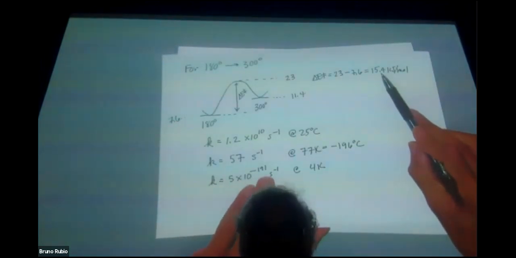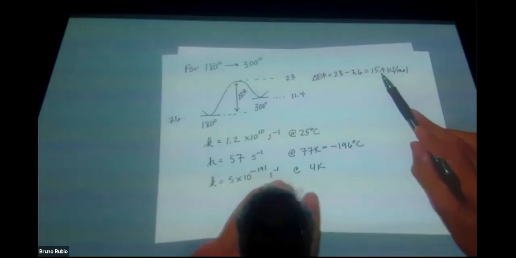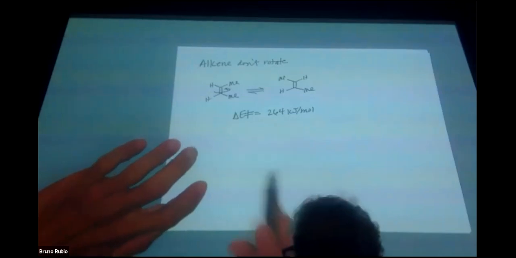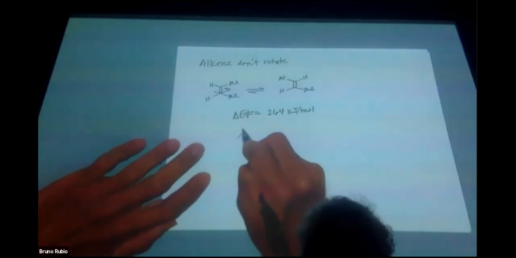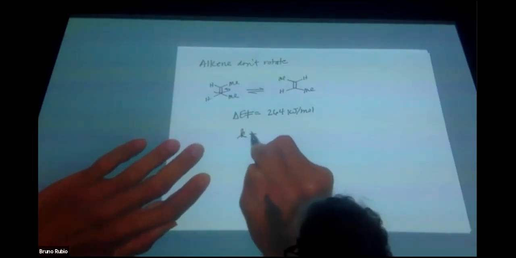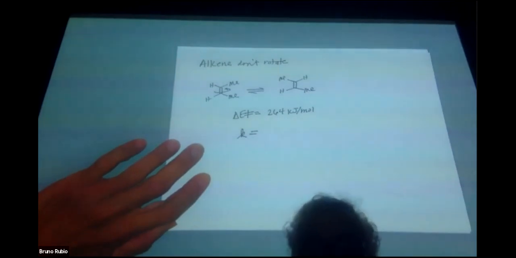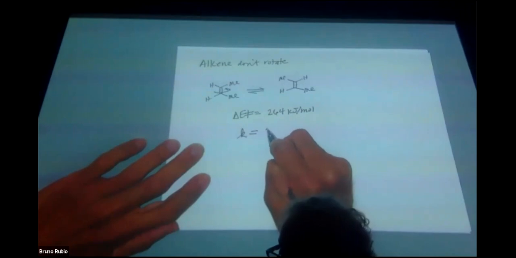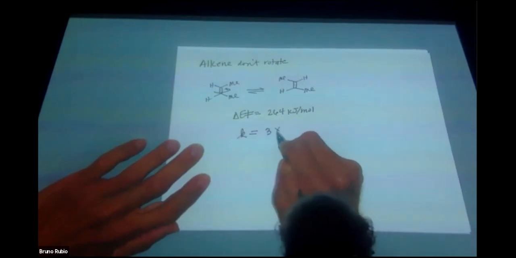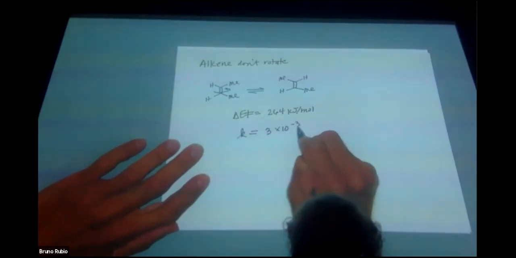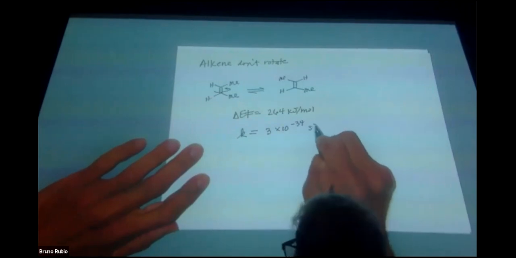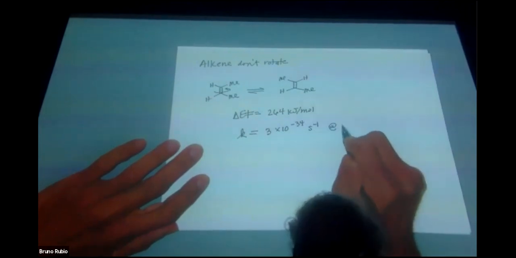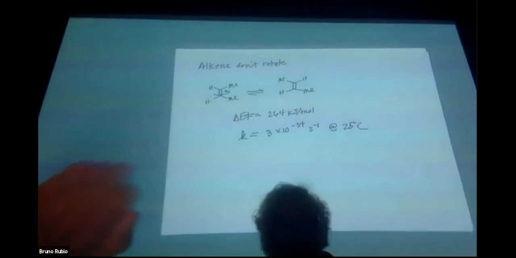Only 15.4 for our example here, but here it's about 260 kilojoules per mole. Plugging that into the Eyring equation, how fast does a carbon-carbon double bond rotate? 3 times 10 to the minus 34 times per second. And this would be at 25 degrees C.